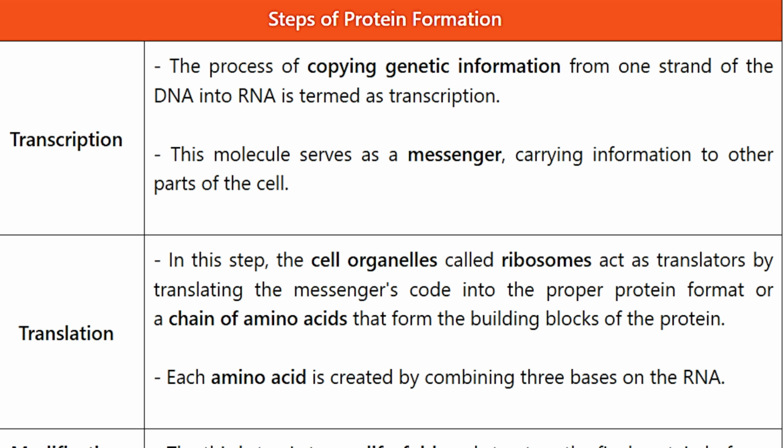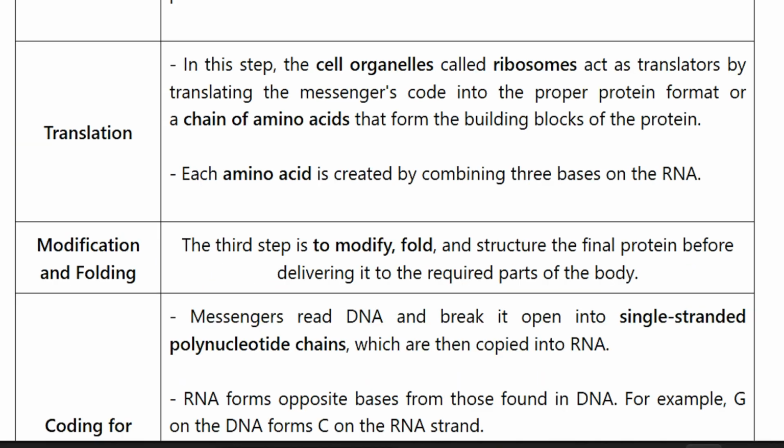In this step, the cell organelles called ribosomes act as translators by translating the messenger's code into the proper protein format or a chain of amino acids that form the building blocks of the protein. Each amino acid is created by combining 3 bases on the RNA. Modification and folding. The third step is to modify, fold, and structure the final protein before delivering it to the required parts of the body.